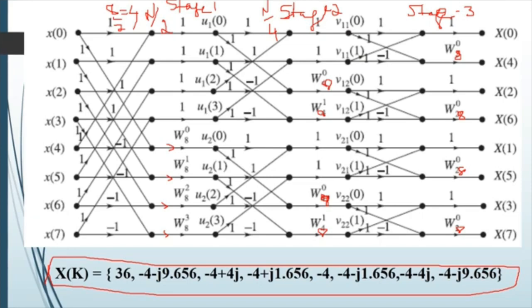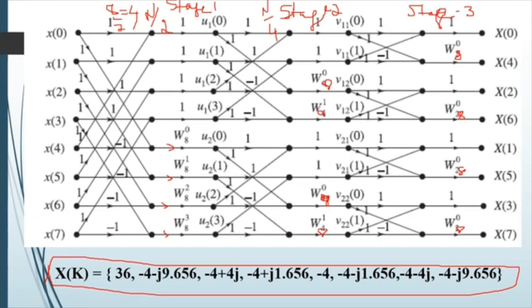Here omega 4 power 0, they take 4 instead of 8 because it is an n by 4 point; you can also take 8, no issue. Omega 8 power 0, omega 8 power 1, omega 8 power 0. We practice one methodology, the same as in other problems, so instead of 4 you can take n is equal to 8. Similarly, for the 2 point DFT you can commonly take 8.